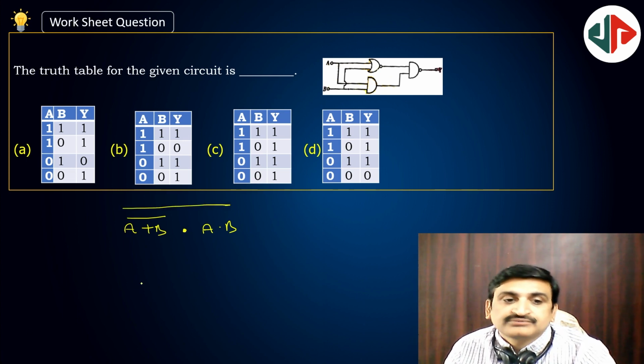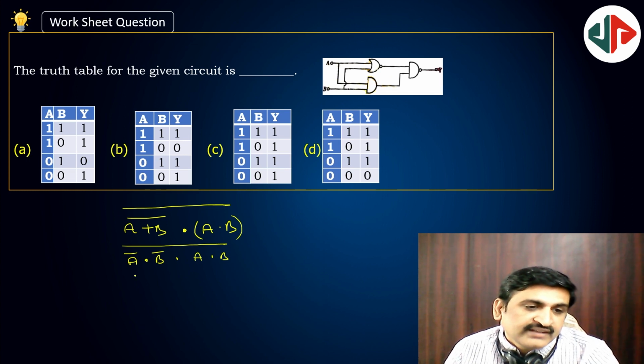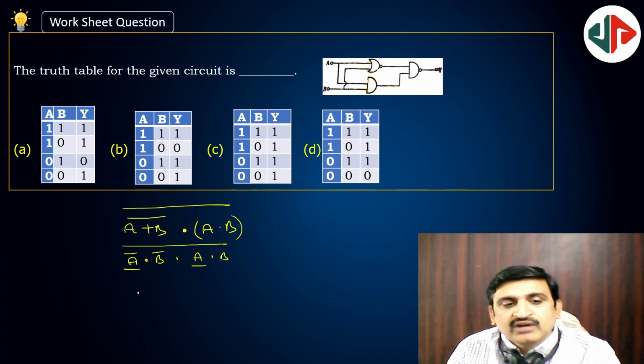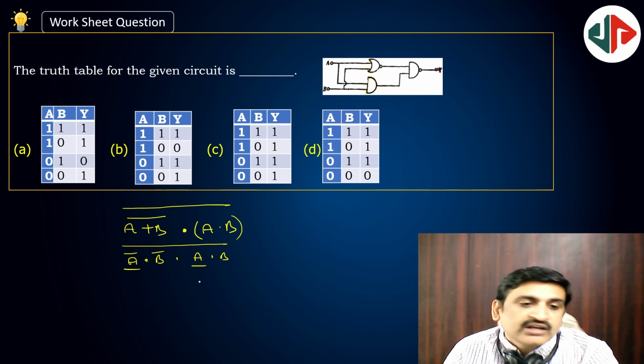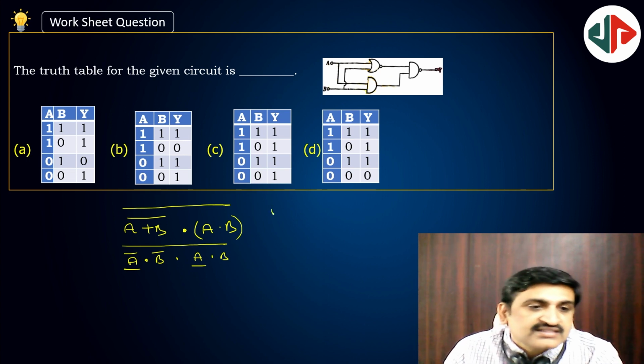So this is A bar dot B bar dot A dot B whole bar. A bar dot A will always give you 0, B bar dot B will give you 0, and 0 dot 0 is 0. 0 bar is 1. All are ones. Option C.